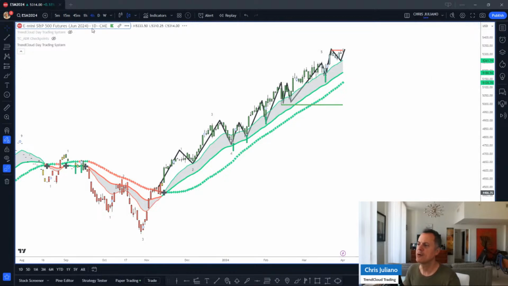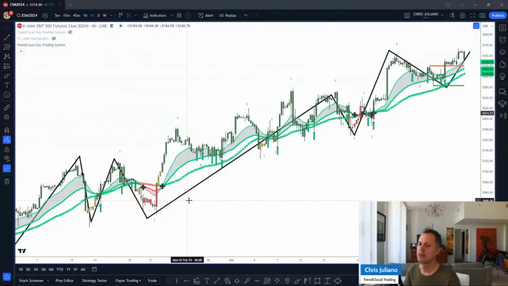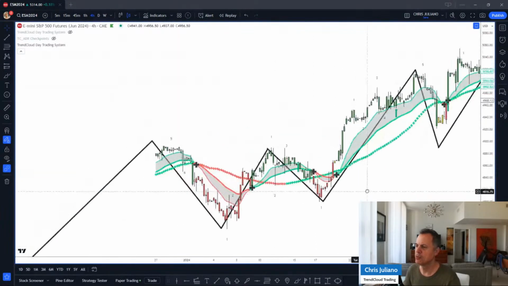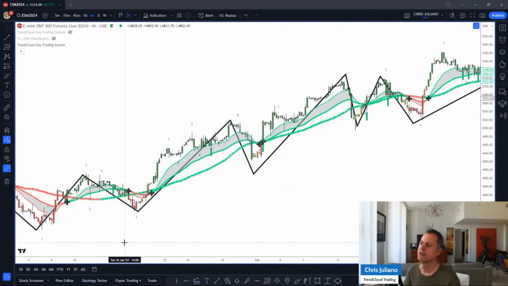Drop down to the 4 hour chart. And on the 4 hour chart, you can see the movement of the daily chart. Look at where those lines are. You can still see the pattern here. It pulls back pretty deep, right?